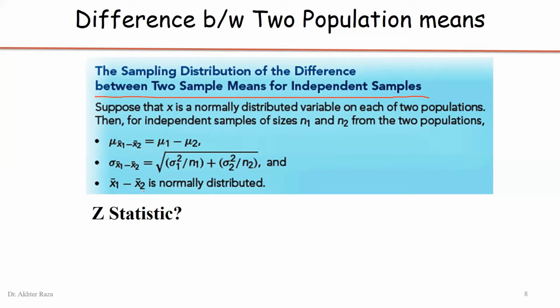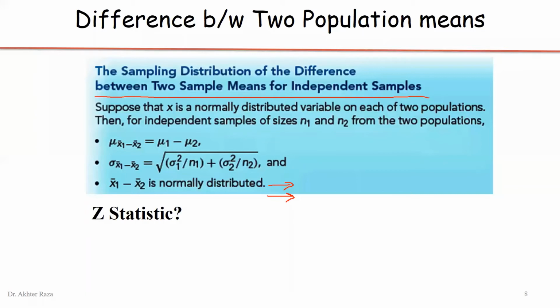X1 bar minus x2 bar is normally distributed by the two conditions we have. It is normally distributed if the populations are normal, and it is normally distributed if the sample size is large.